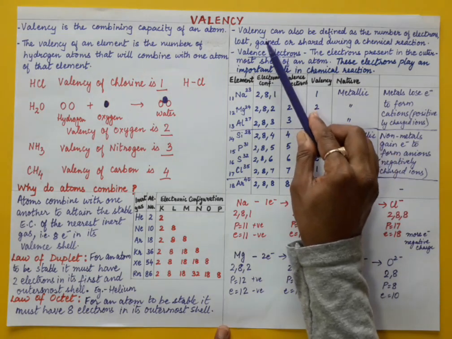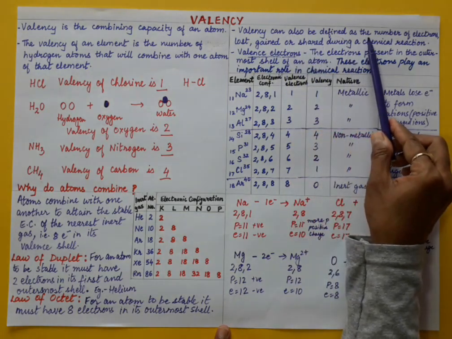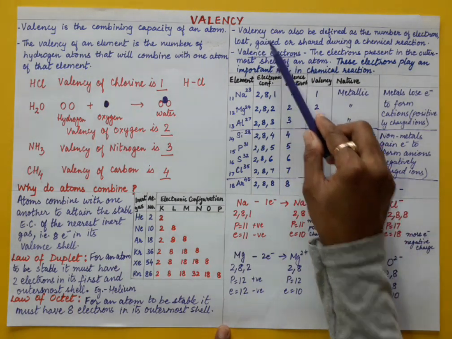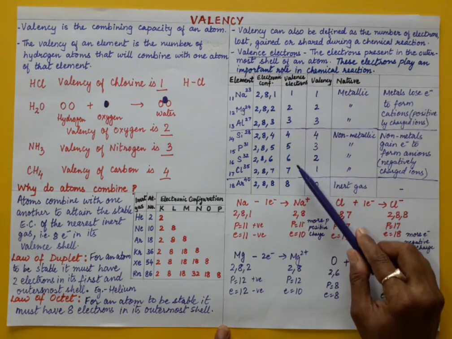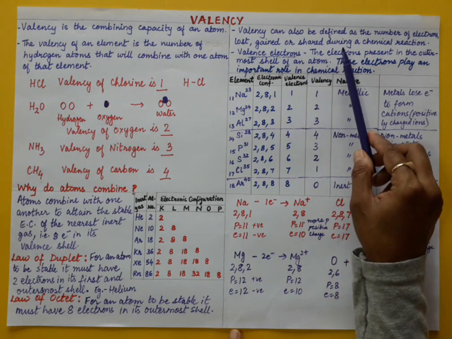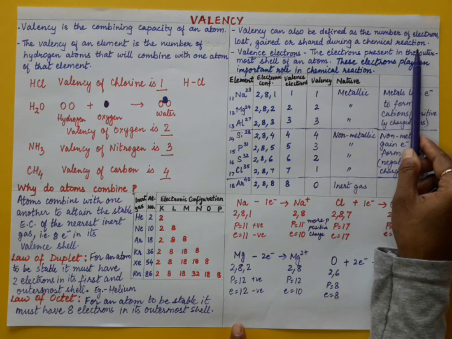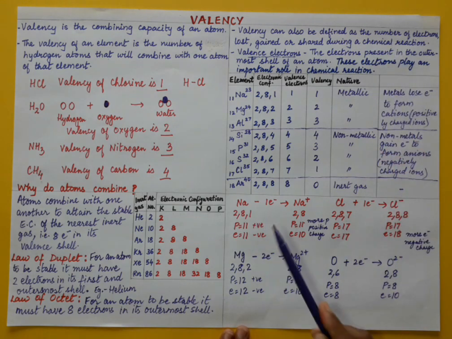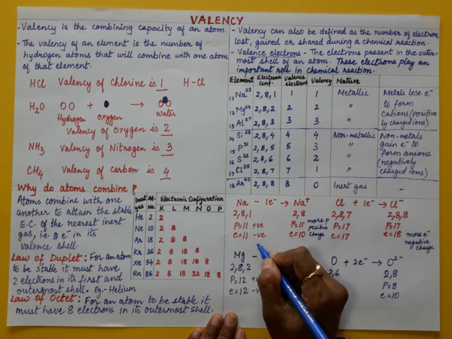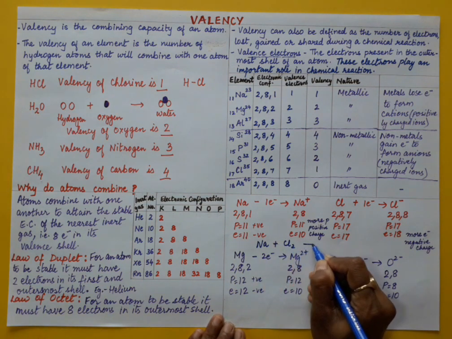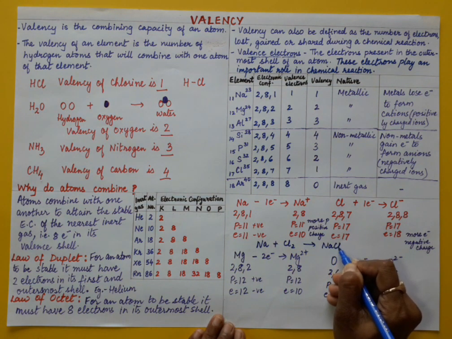Okay, so how do we find valency? What is the definition? The number of electrons lost, or the number of electrons gained, or sometimes we'll see in covalent bonding further how they share the electrons during a chemical reaction. So when sodium is losing 1 electron and chlorine gains 1 electron, the compound formed is sodium chloride.